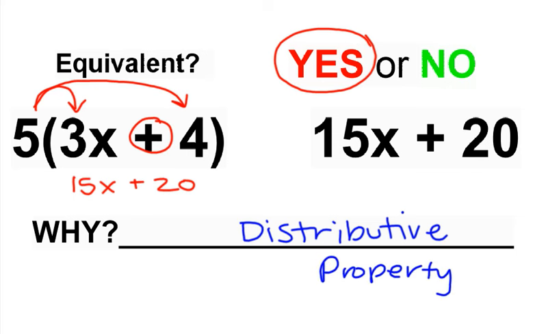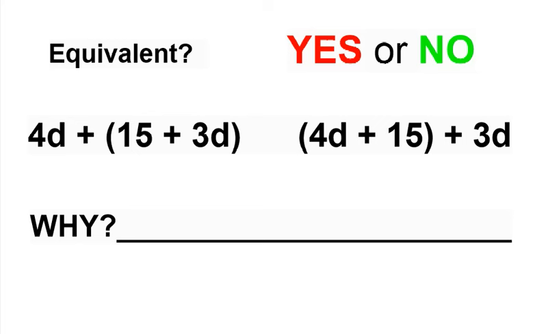All right, let's try another example. So here we have (4d + 15) + 3d, and here we have 4d + (15 + 3d). If you're thinking, well, you just said the exact same thing in the exact same order, yes, I did. The only difference is that there are parentheses around certain parts of this expression. So, are they equivalent?